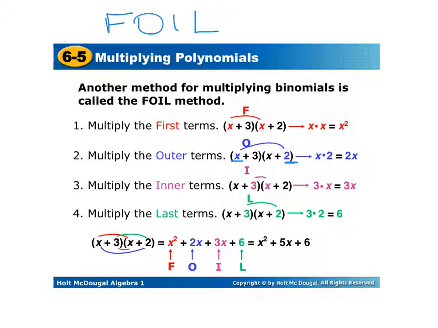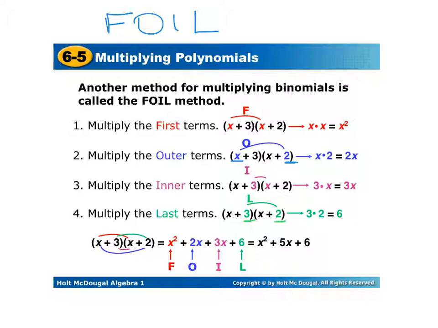Then the letter I in the word FOIL represents the inner terms. So when I do 3 times x, I get 3x. And then when I multiply the two last terms in each one of the binomials, that will give me 3 times 2, which is 6.